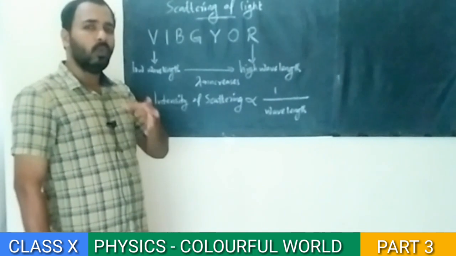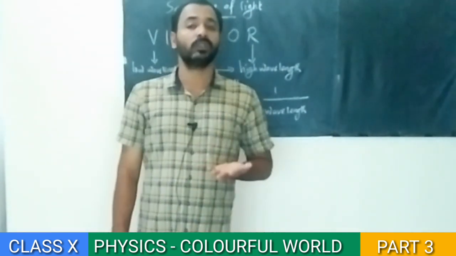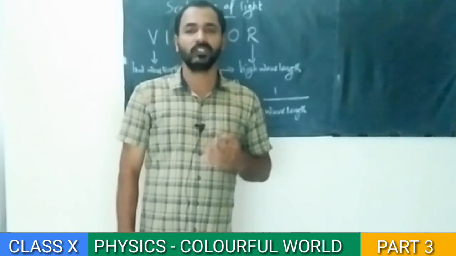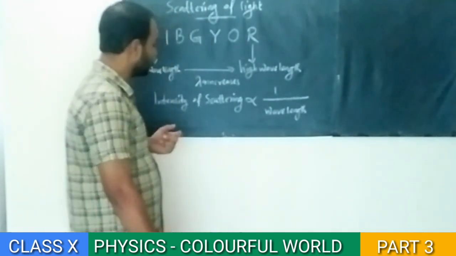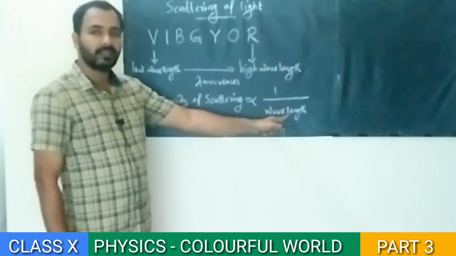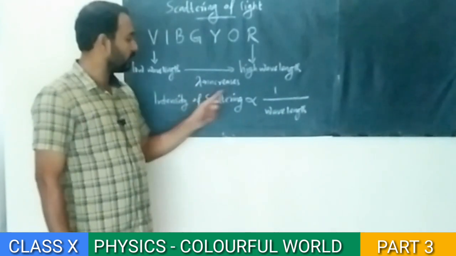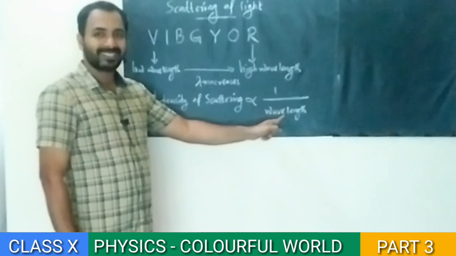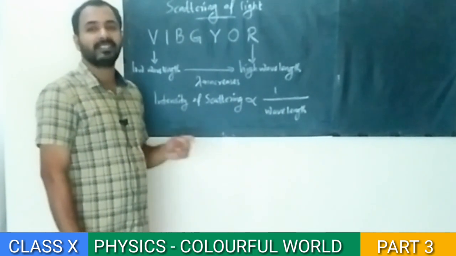So which color scatters more, and which color scatters least? Low wavelength colors scatter more. High wavelength colors scatter least.